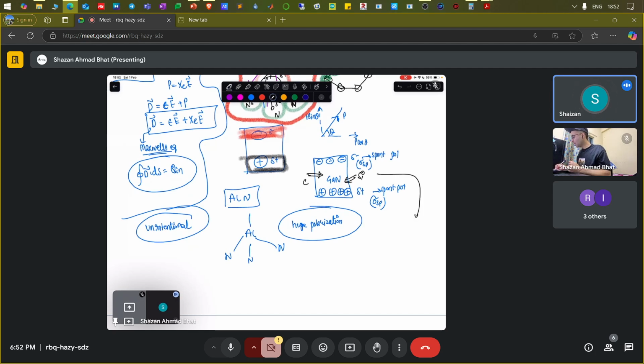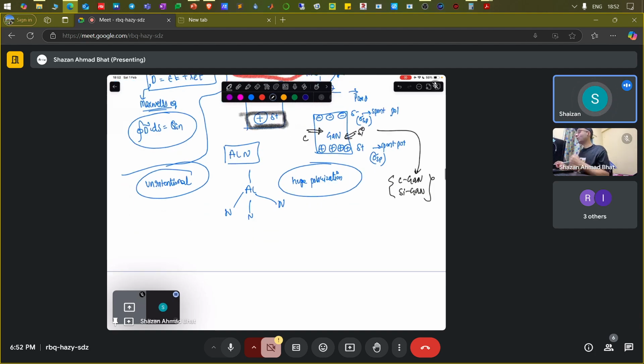If that happens, then you have something called C-GaN, or silicon GaN, and based upon the impurity concentration of carbon and silicon, they may become slightly N-type or slightly P-type. Otherwise, they are intrinsic GaN. They are not doped.